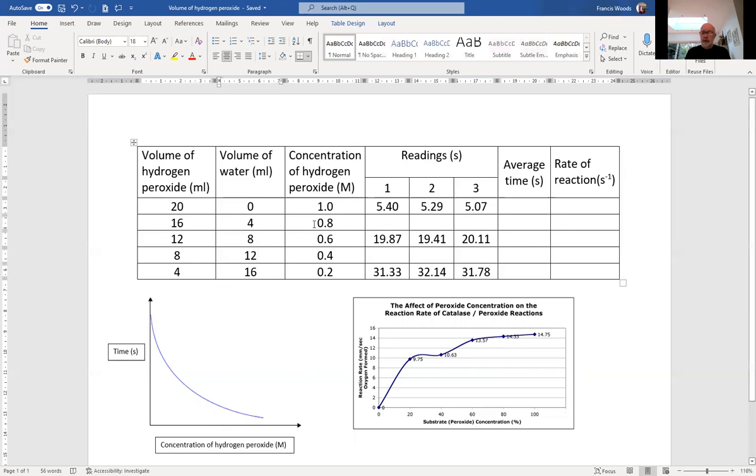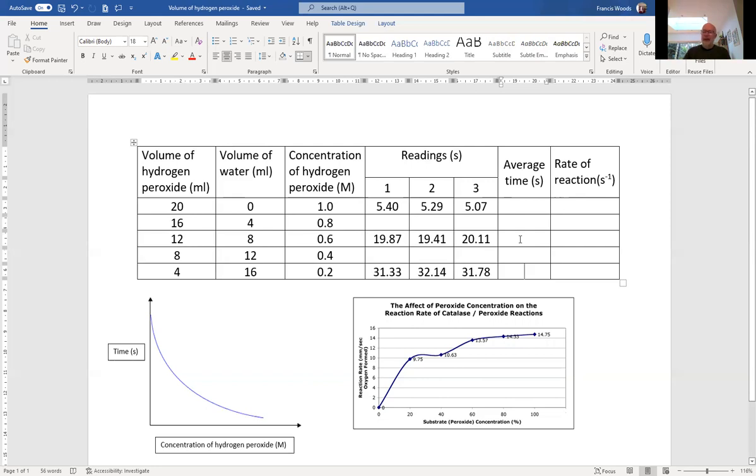Now, you have to use the data from the table. So, for example, if I had the averages, I would put down something like at 0.2 molar hydrogen peroxide, the average time was, however, at 0.6 molar, the average time was.